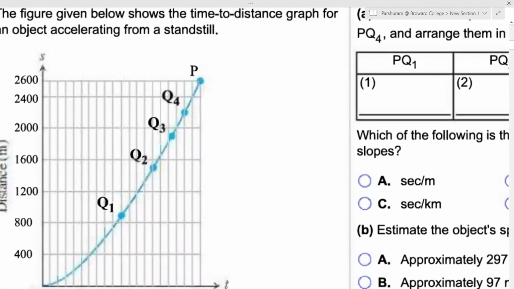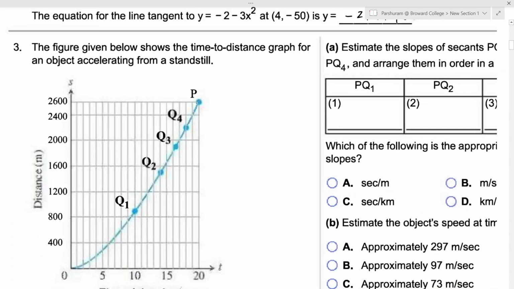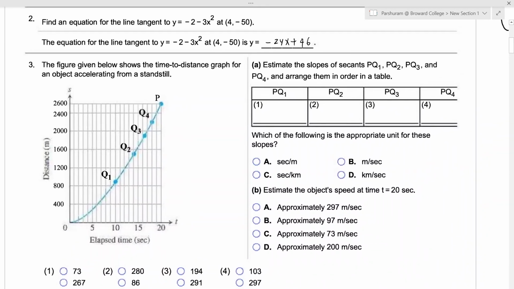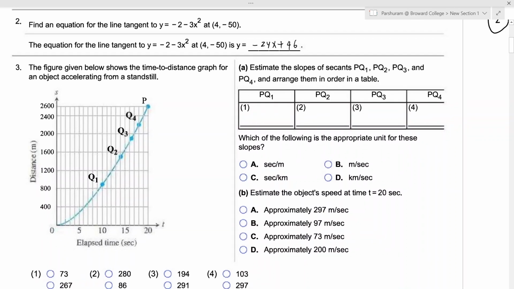It's difficult to find the exact value, but it's somewhere like 2200 meters, maybe in between 2000 to 2400. Similarly, you can find all the points Q1, Q2, Q3, Q4 and P by looking at the graph. To answer the question, we have to know all this information.